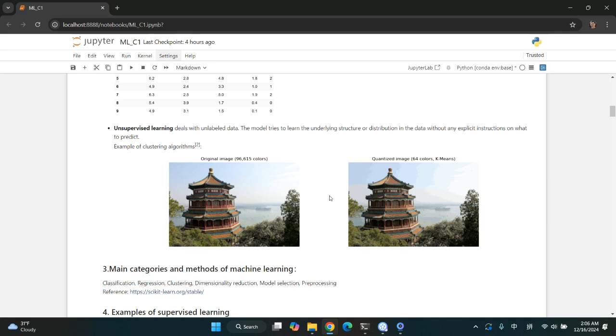And for the original picture, we can understand that we use the k-means algorithm to try to learn the underlying structure or distribution of the data in this picture. We don't have labeled data. It means we don't have explicit instruction. We just find these colors are close to each other, that is, they are similar colors. This is a simple application of unsupervised learning.